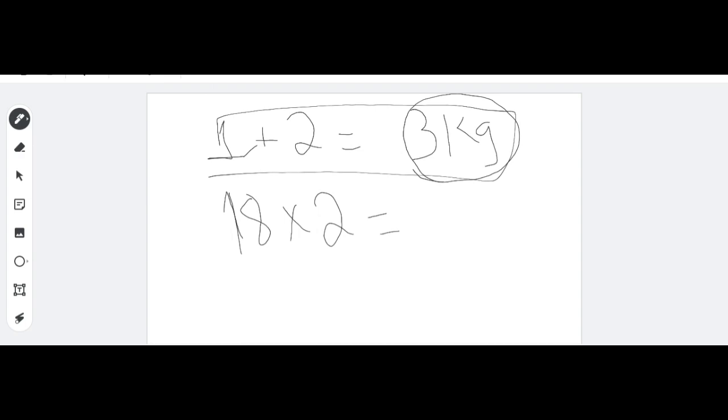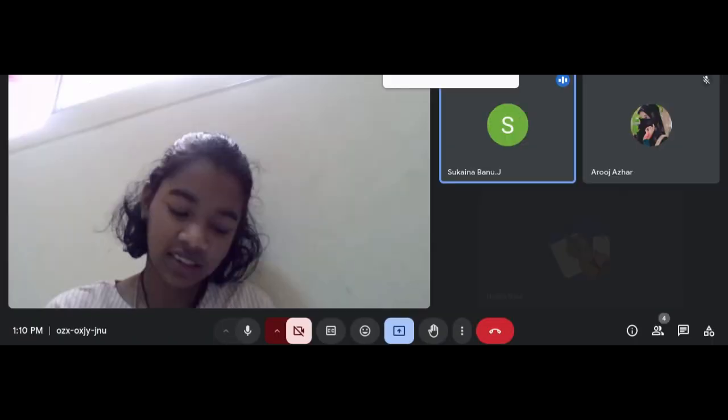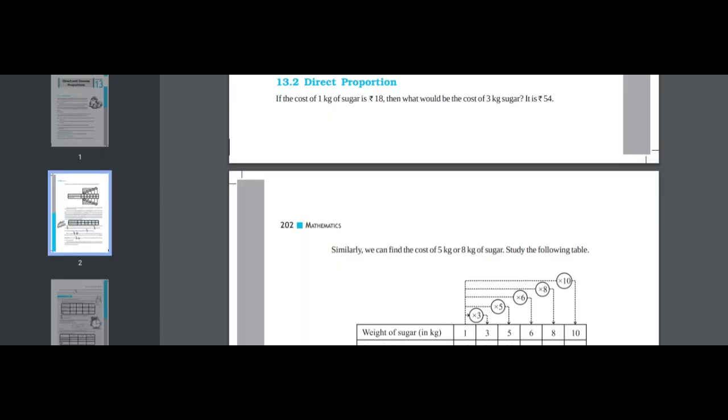Okay, with the amount. So after multiplying, for the 3 kg I got 54 rupees. Okay. In my textbook they give a different example. They say 1 equals 36 and 3 is 108. Okay. So now the question, continue the next part.